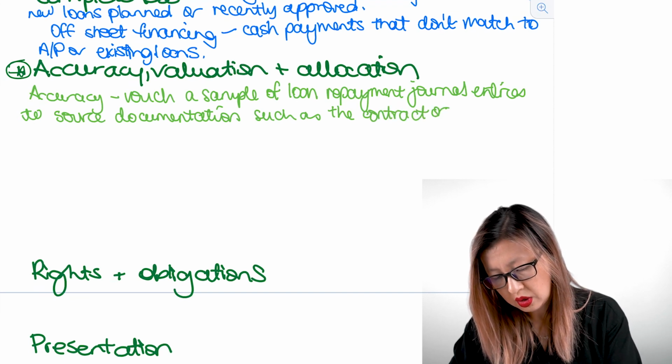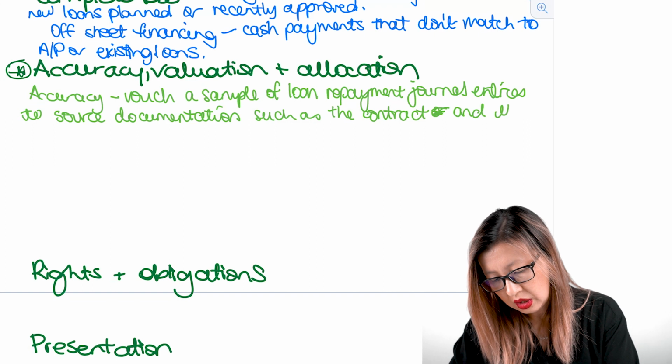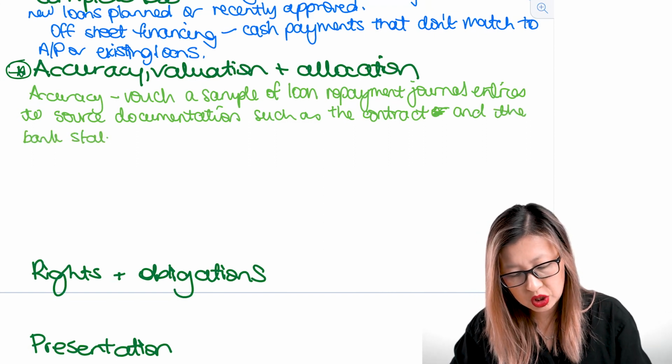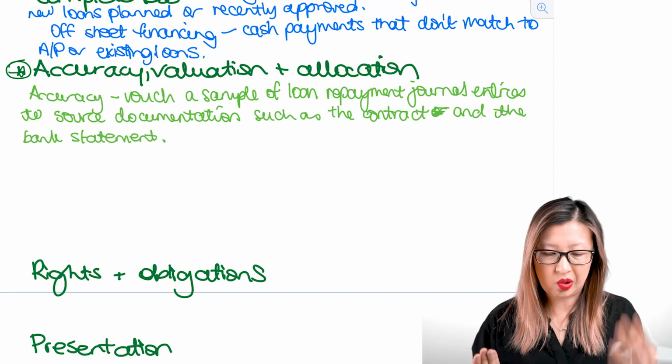Or, actually it should be and, the bank statement. We can assume that the bank statement is going to be accurate there. So, correct date, correct amount.